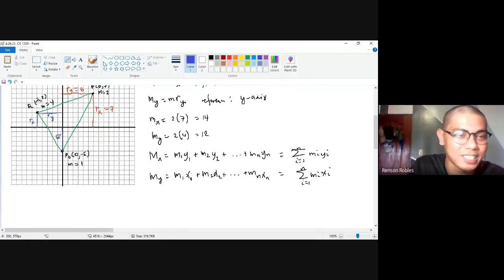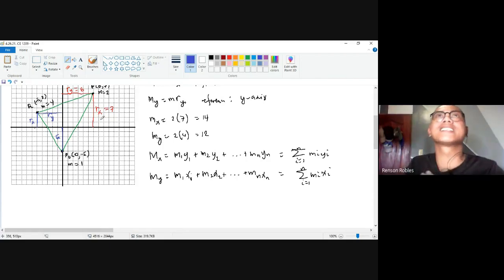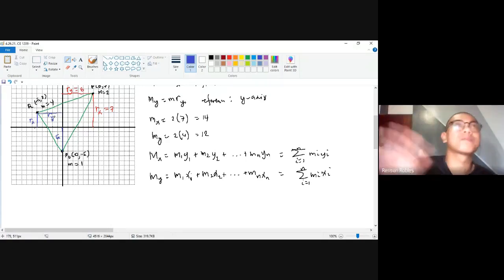You will see that when I draw a vertical distance, the reference axis is the x-axis. When I draw a horizontal distance, the reference axis is the y-axis. That's what I'm going to remember.